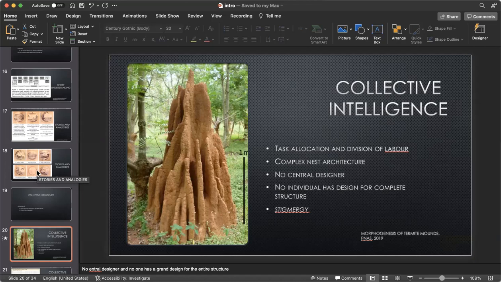Over time it will get reinforced. And slowly, with just local interactions and without a global plan, you will see the emergence of this kind of structure. It's called stigmergy. So I think it's very important to really understand these kinds of collective intelligence.